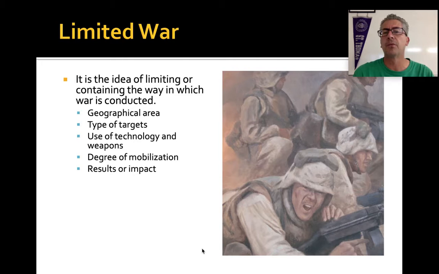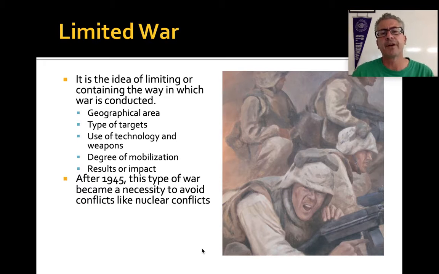And as weapons and the technology become more sophisticated, limited wars become more of the norm. Degree of mobilization, it's not going to be like a total war where all is thrown in. Maybe partial mobilization of military force, and the results and the impact here may not be as far reaching as a total war could be.